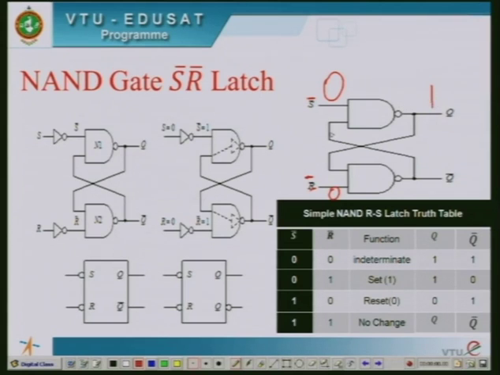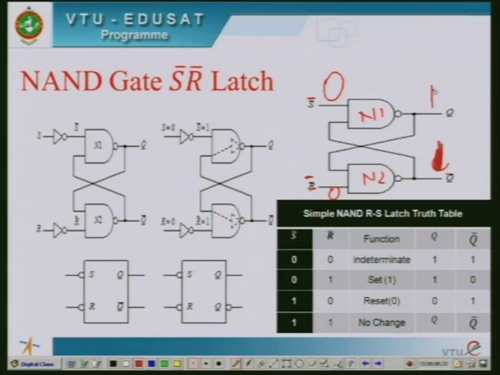Even in a multi-input NAND gate, if a single input goes to 0 state, the output will permanently go to high state. So, for this NAND gate, let me call it N1, the output is high because S bar input is 0. For NAND gate N2, R bar input is also 0, so the output of this gate will also be high.